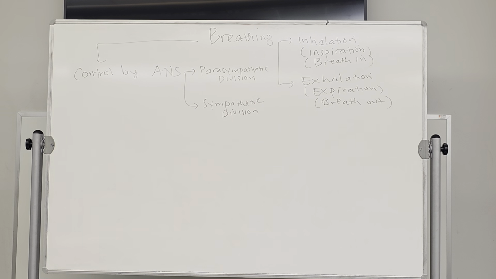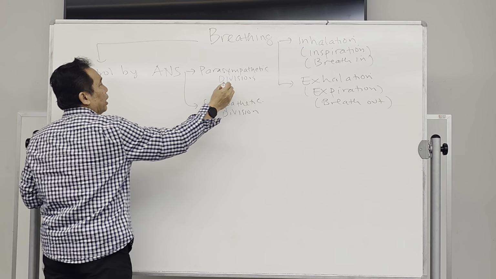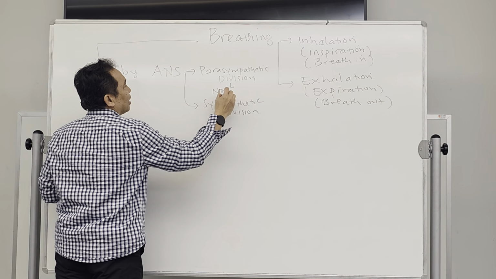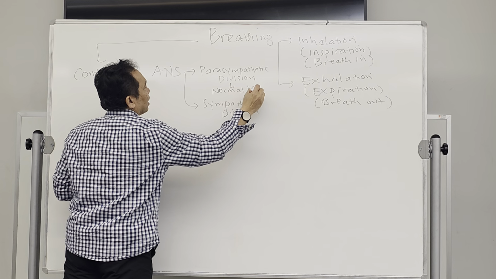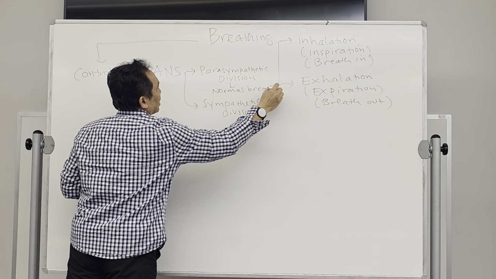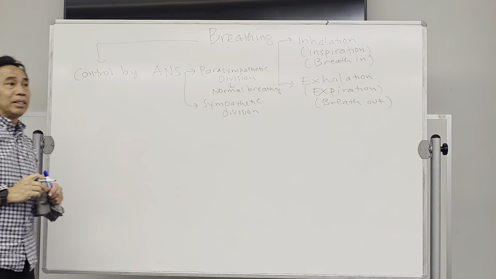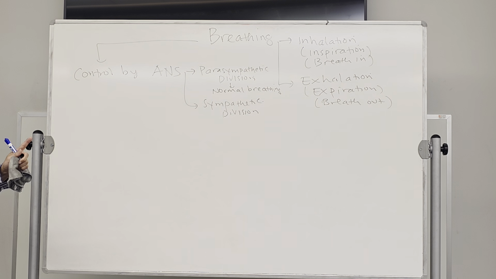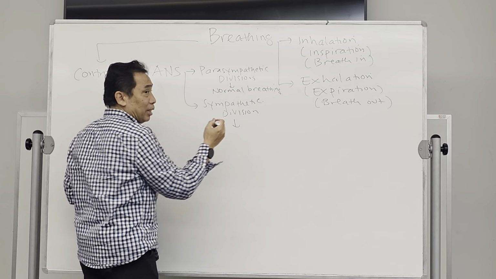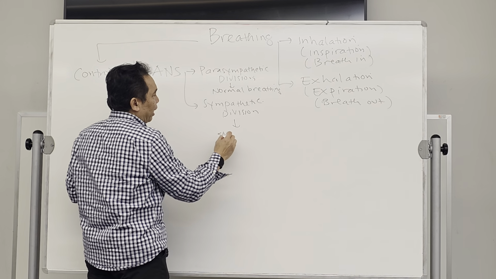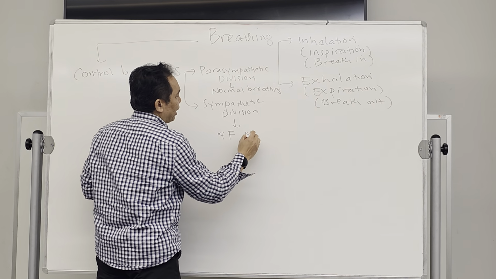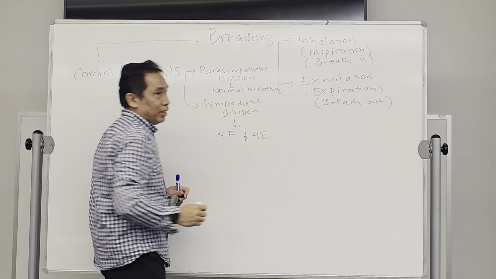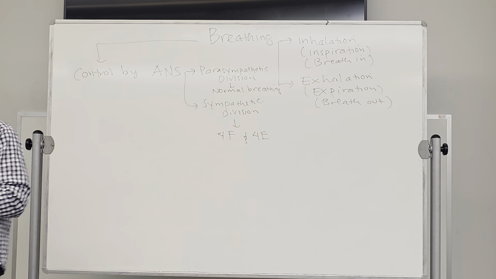The parasympathetic division controls our breathing during normal breathing. The sympathetic division controls our breathing during the 4F and 4E situations, like during angry times.